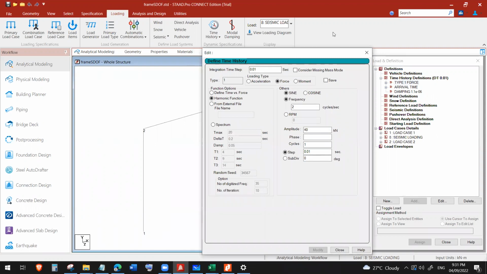For example, we have 2 cycles per second. It's a harmonic function, sine, with an amplitude of 40 kilonewton.